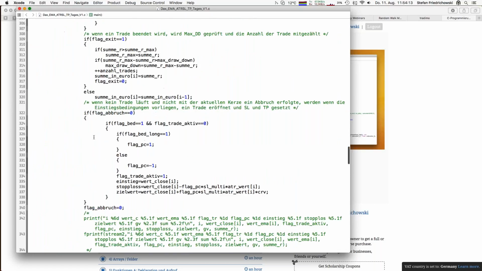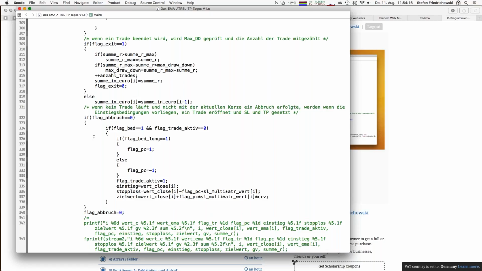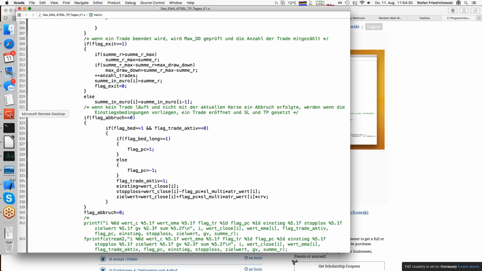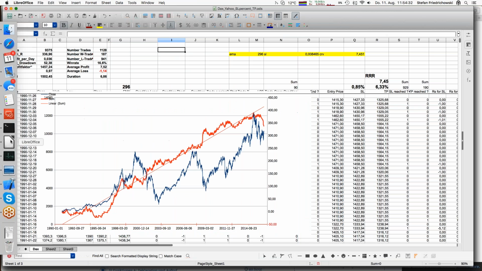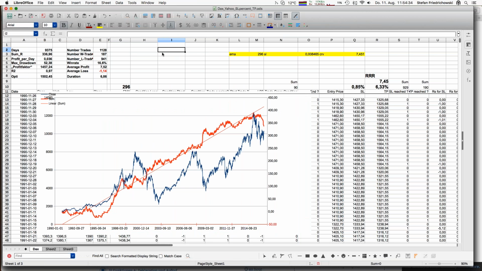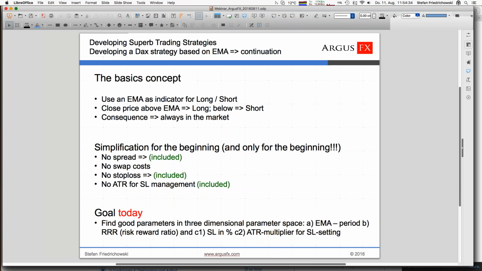And then you have that speed, like I showed you here, that you can calculate 1 million equity curves in about 1 minute, which is extremely fast, I think. So let me look where we are. So the first strategy is done, and that already within the first webinars.